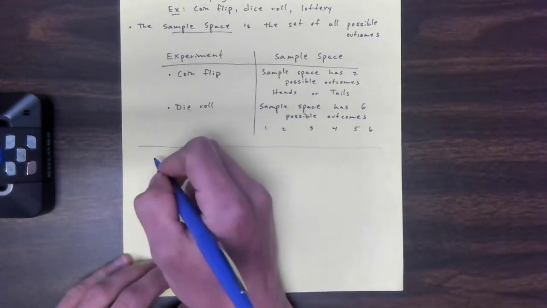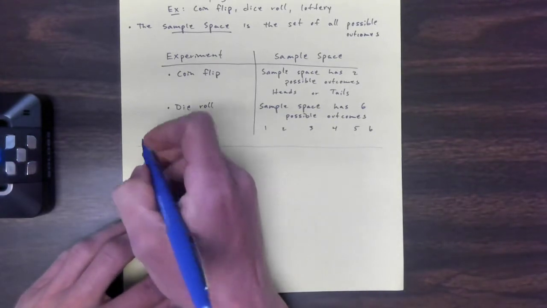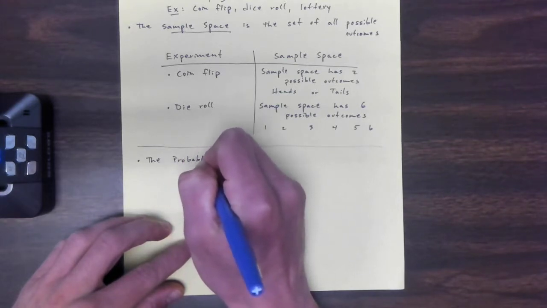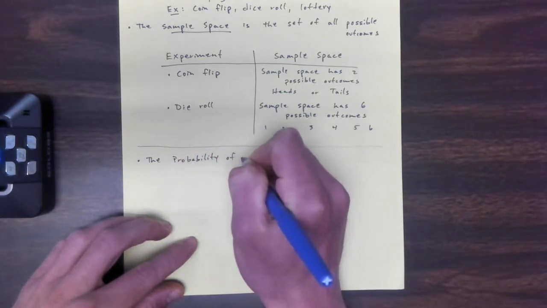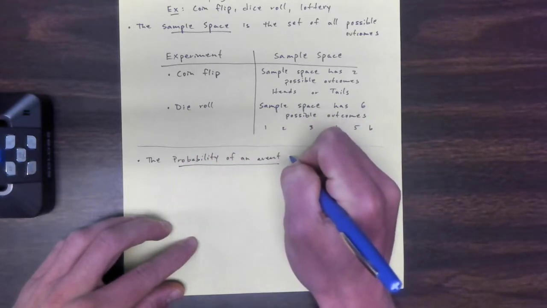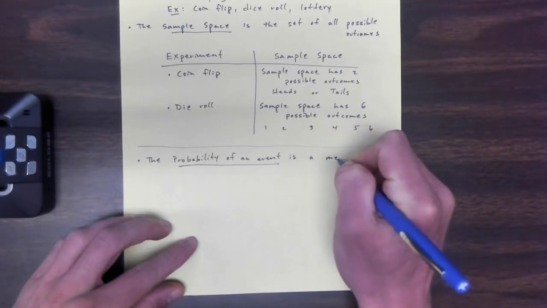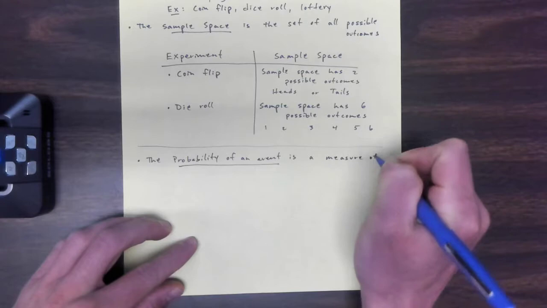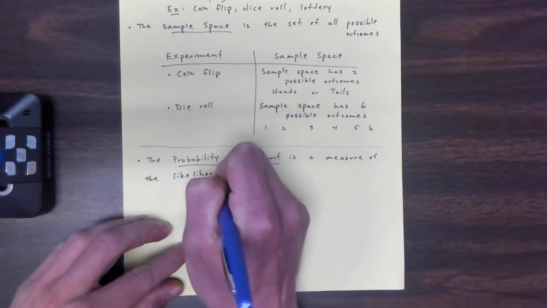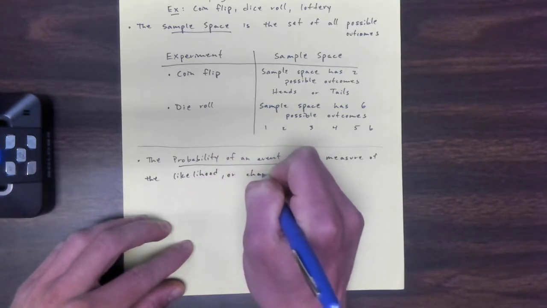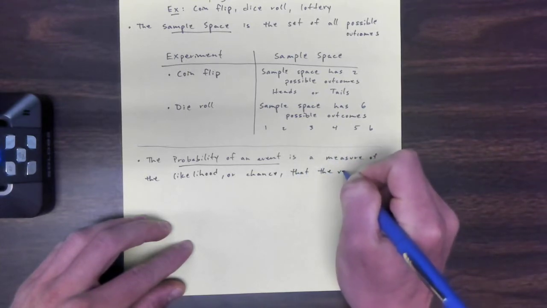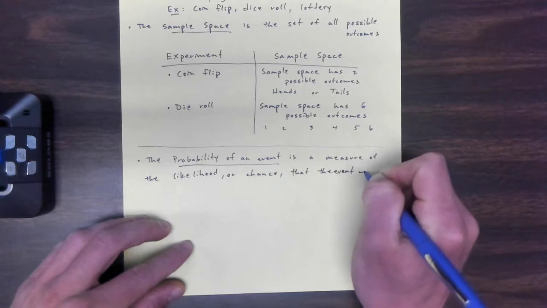Let's look next at, let's get a definition for probability. So the probability of an event is a measure of the likelihood or chance, we might say, that the event will occur.